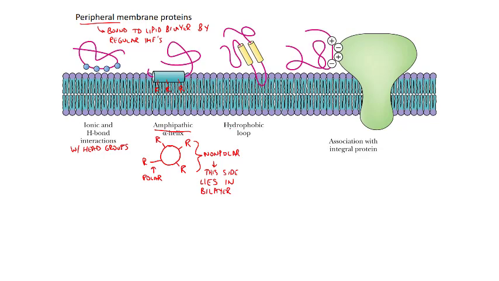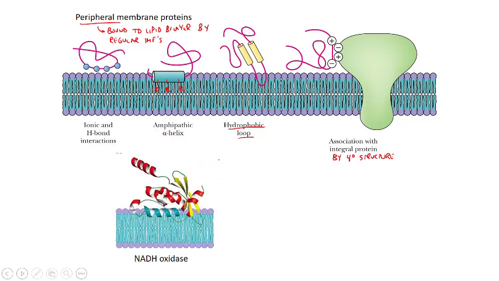Some other proteins have what's called a hydrophobic loop, which is where you just have a short stretch of nonpolar amino acids that kind of dip down into the bilayer. And then the last category I don't think really counts, but this figure includes it, so I'll include it. And that's when it's bound to an integral membrane protein. So in other words, it forms some sort of quaternary structure with an integral membrane protein, which is one that goes all the way across the bilayer.